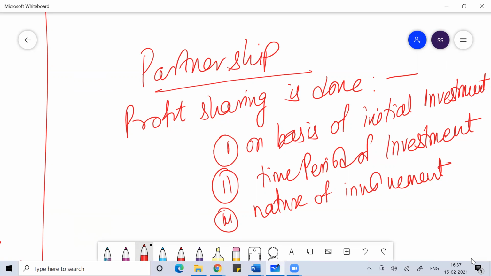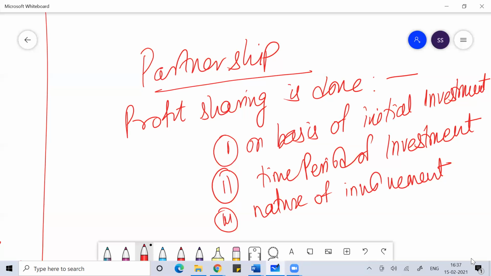Sleeping partners are those who simply put the money into the business and don't do anything after that. But working partners are those who, along with putting money into the business, actually get involved in the business to make sure that the business goes through. So definitely they expect a reward for their involvement.